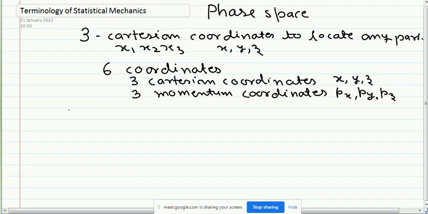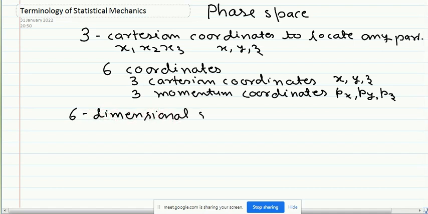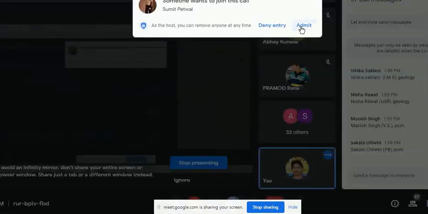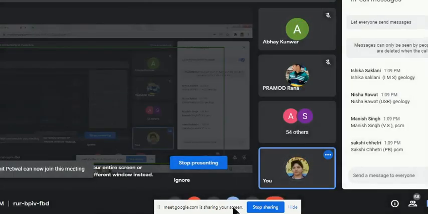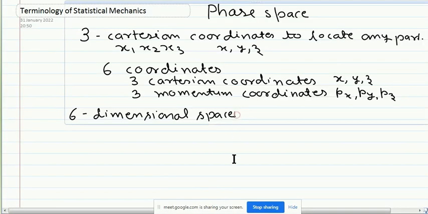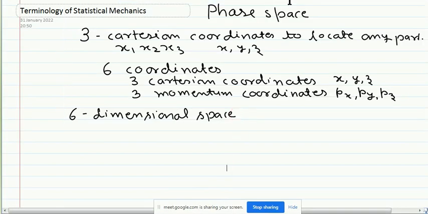So now we have the six-dimensional space. In six-dimensional space, we represent the particle by six coordinates, which are x, y, z, px, py, pz.